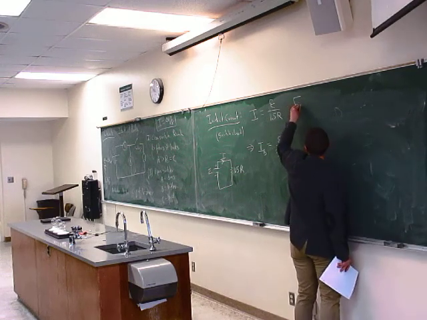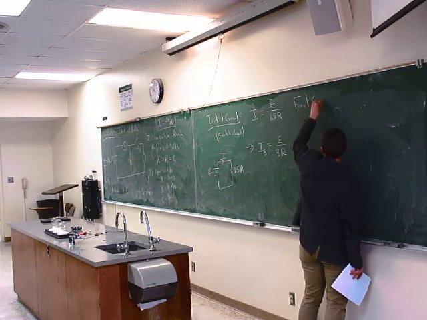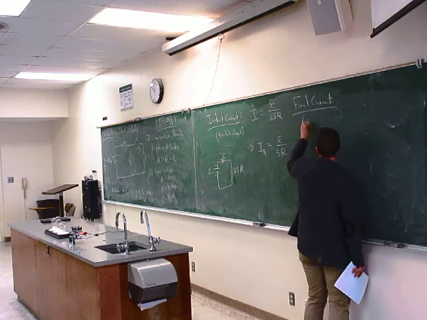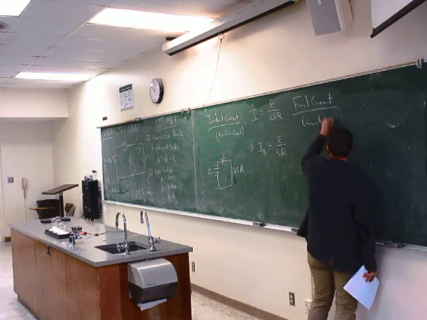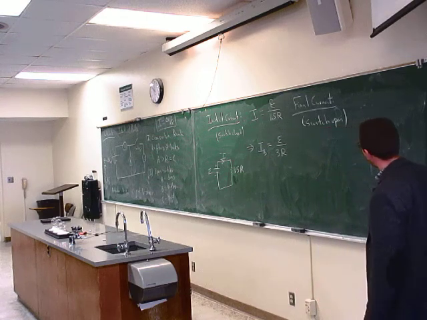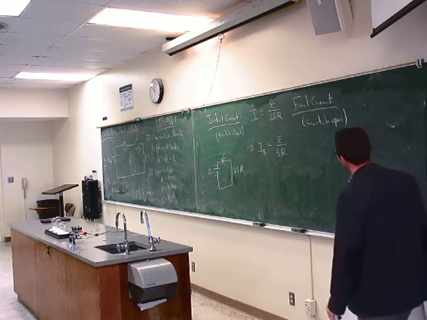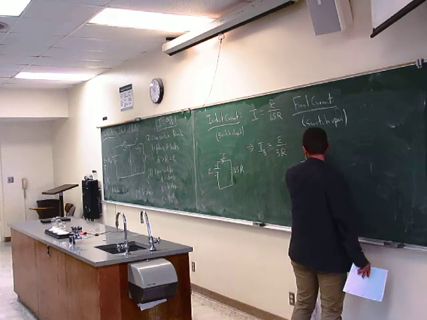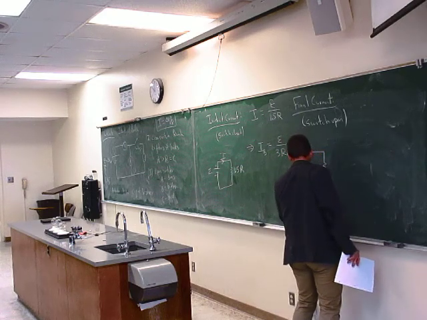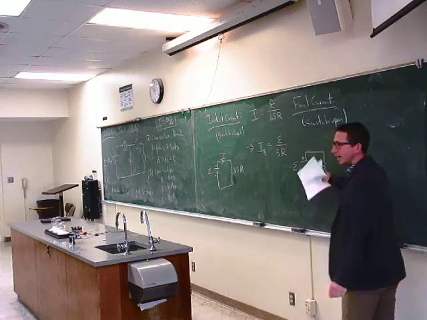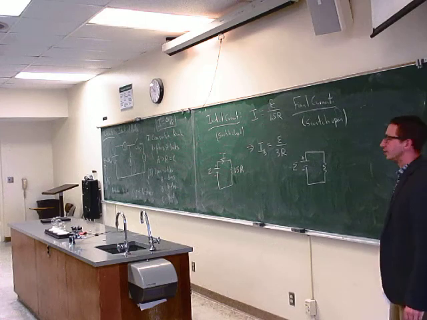So what about the final current? And by final current, I just mean switch open. Okay, so when the switch is open, our simplified circuit does again look like this. But what's the equivalent resistance now? 2R, right?